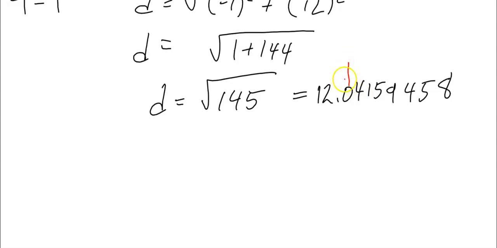So this, the 0, is the nearest tenth. So my question is, is the distance 12.0, or is the 4 big enough to make it 12.1? Well, to make it 12.1, the next digit over would have to be a 5 or more. So this is going to stay 12.0 as my distance, and that'll be the distance rounded to the nearest tenth.